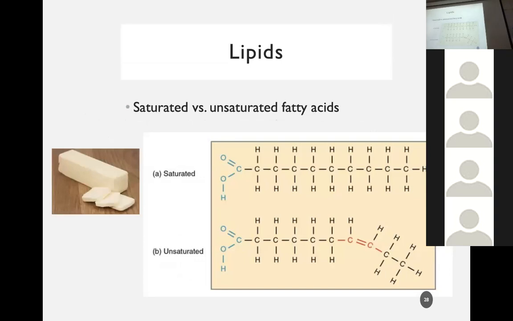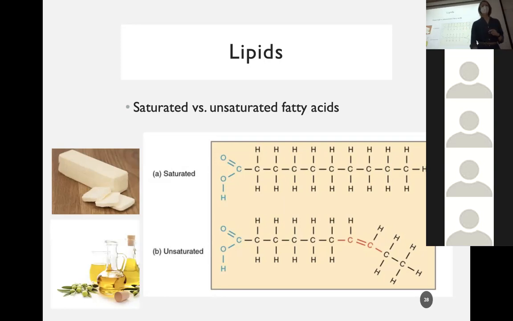Saturated fats are solid at room temperature, which means they might be solid in your body as well. We don't want solid fats in our arteries, right? Unsaturated fats are liquid at room temperature, and they have a slightly different structure. I'll start on Wednesday with why this makes them liquid at room temperature and this makes them solid at room temperature. Just one tiny difference. So we'll start with that on Wednesday.